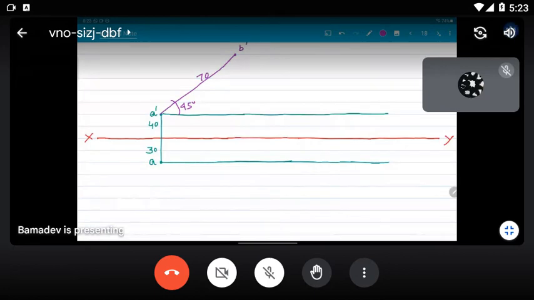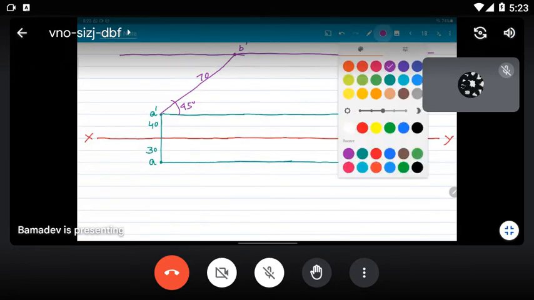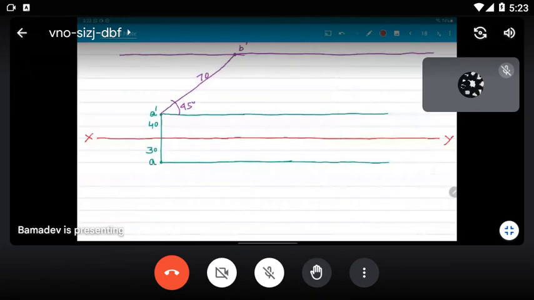Now draw a parallel line here. Right? Now it makes how much angle with vertical plane? It is making 30 degree. Okay.